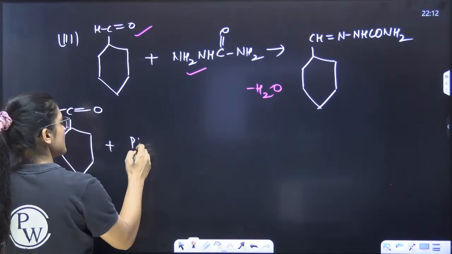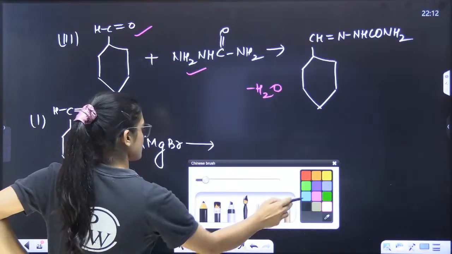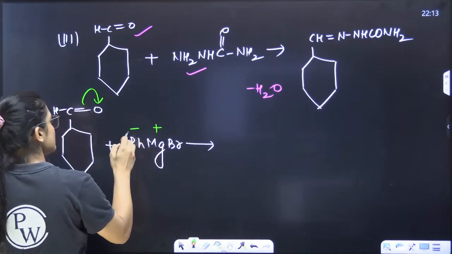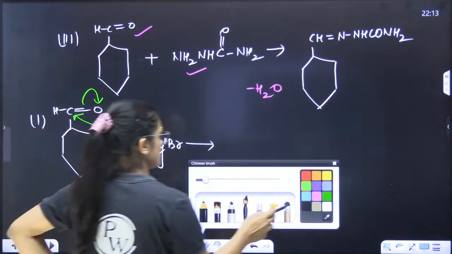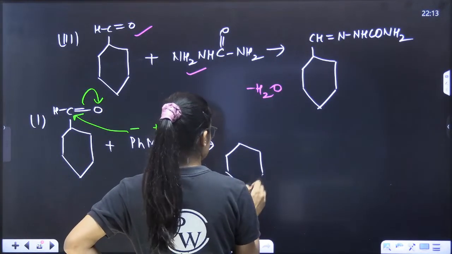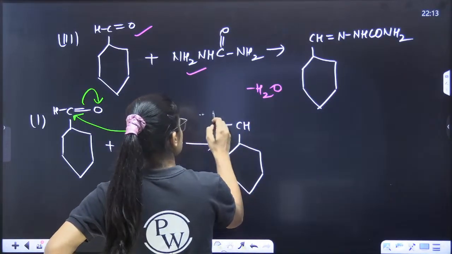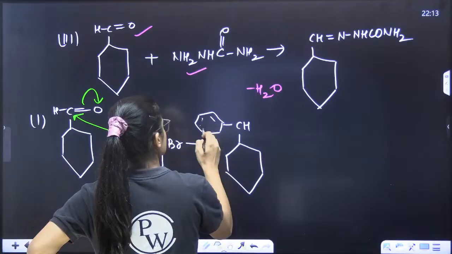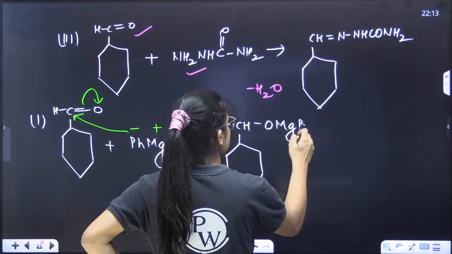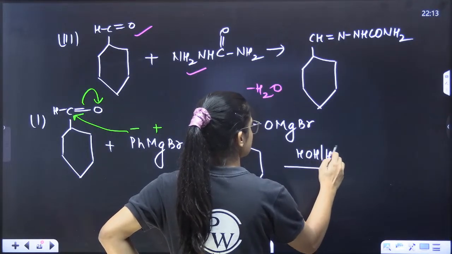This is PhMgBr. This is positive, this is negative. This will come and attack here. What you'll get here is the benzene ring, OMgBr, followed by hydrolysis in acidic medium.